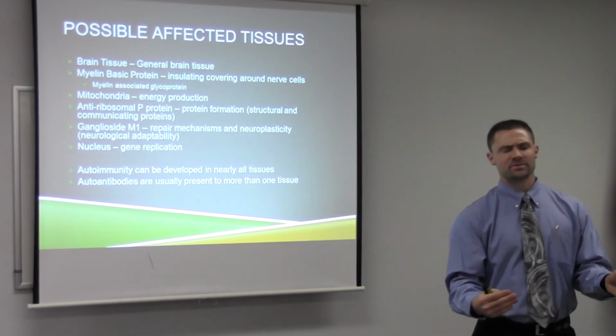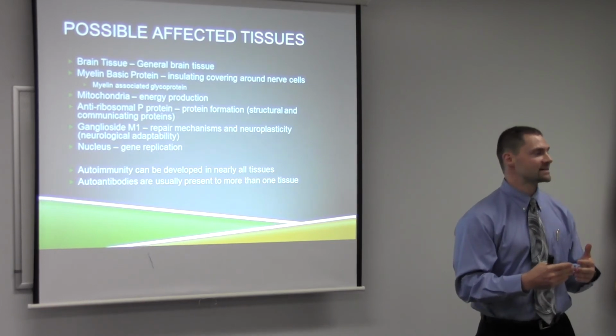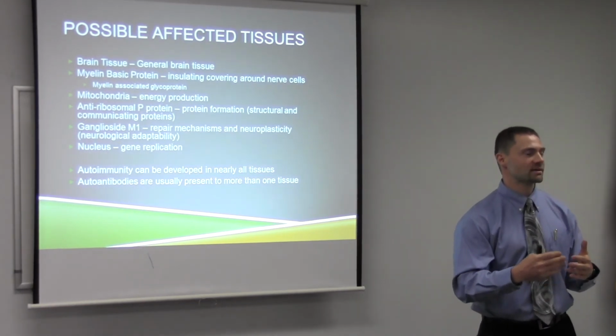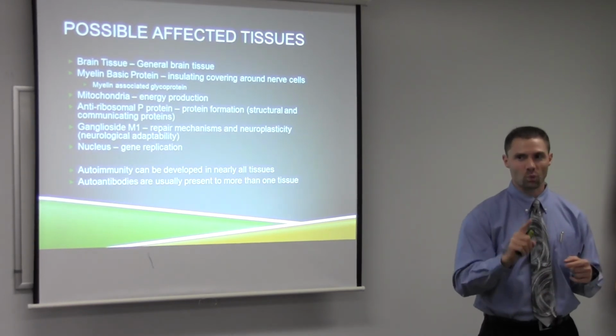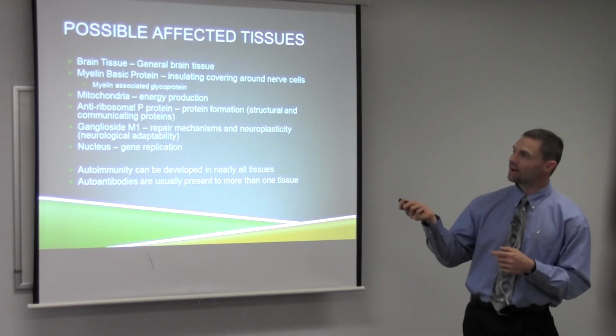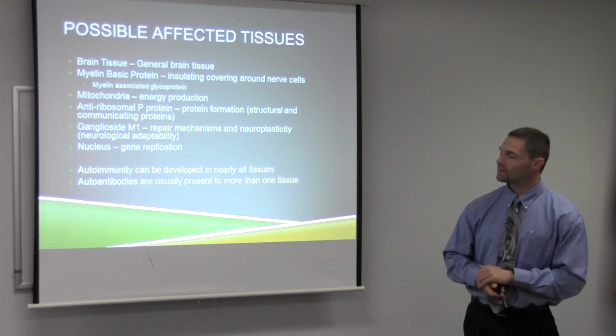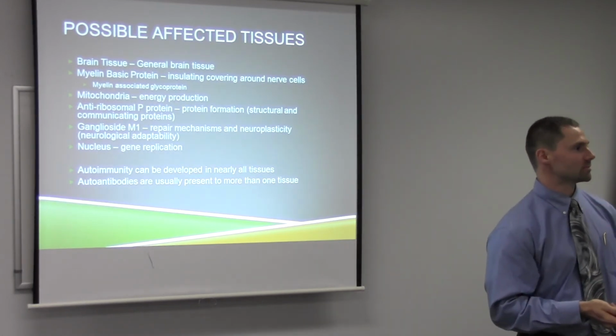Some of the numbers I've read show that the average individual who has an autoimmune condition has on the order of 7 to 8 different tissues in the body that are being affected. So it's not likely that there's just one element in the body that is being targeted by the immune system. Okay?